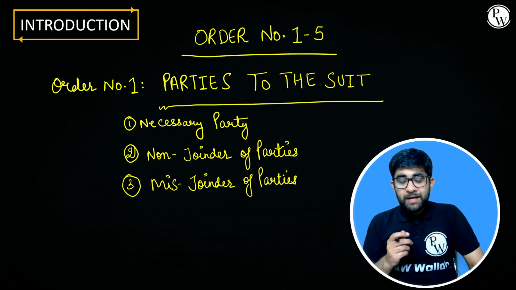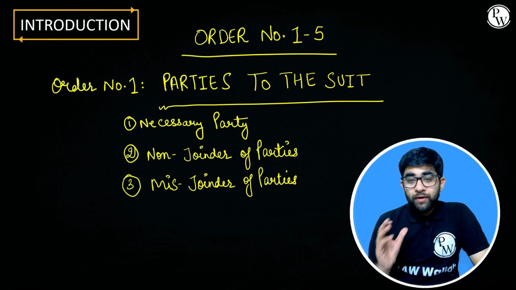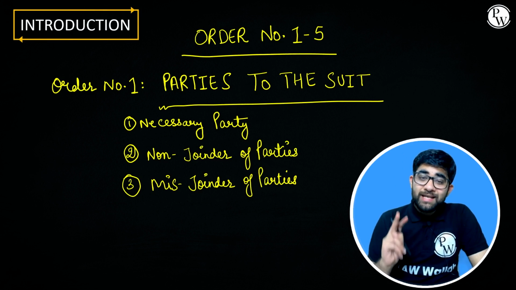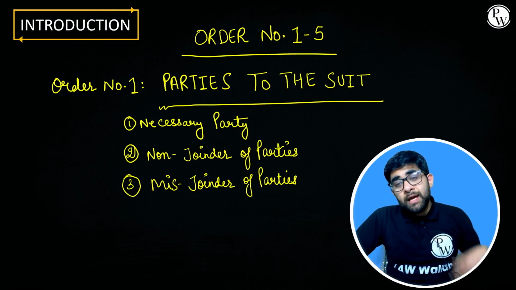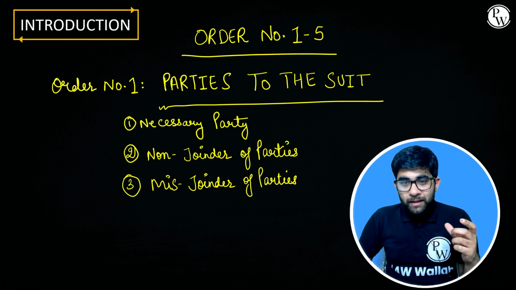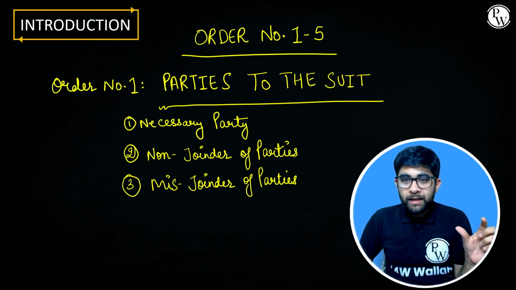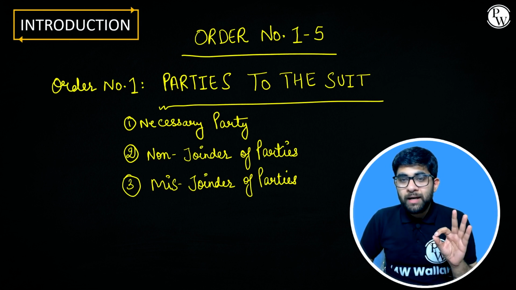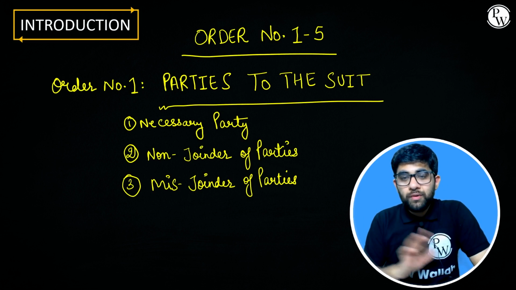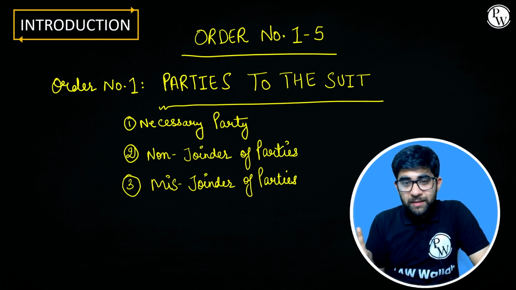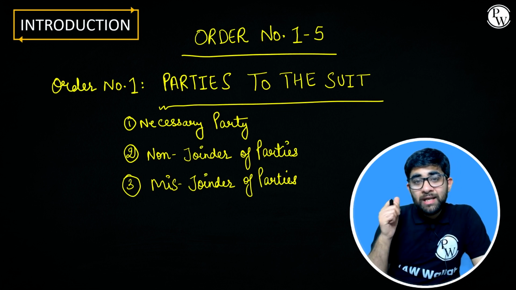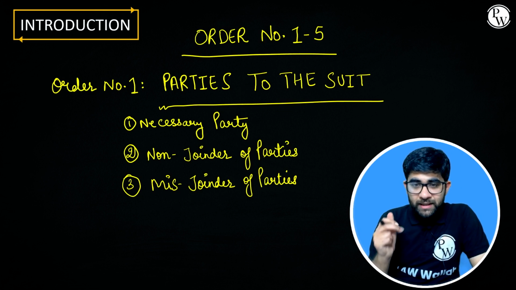Necessary parties are those parties that are necessary for clear adjudication and against whom relief is sought. Second is non-joinder of parties, which means the plaintiff has not joined a necessary party. Third is misjoinder of parties, that is the plaintiff has joined a party which is not relevant to the suit or against whom no relief is claimed. So that is what necessary party, non-joinder of party and misjoinder of party is.